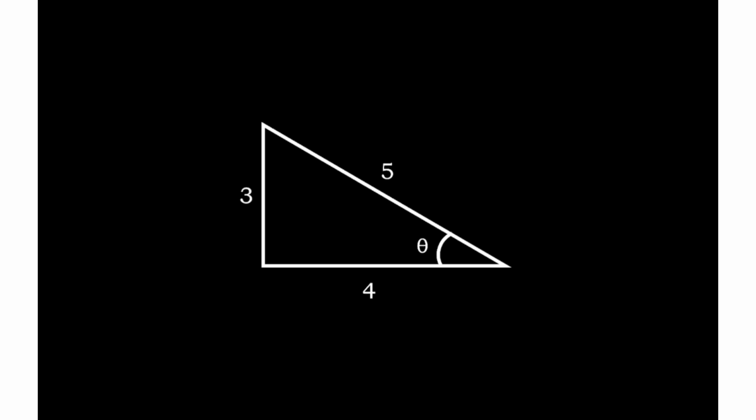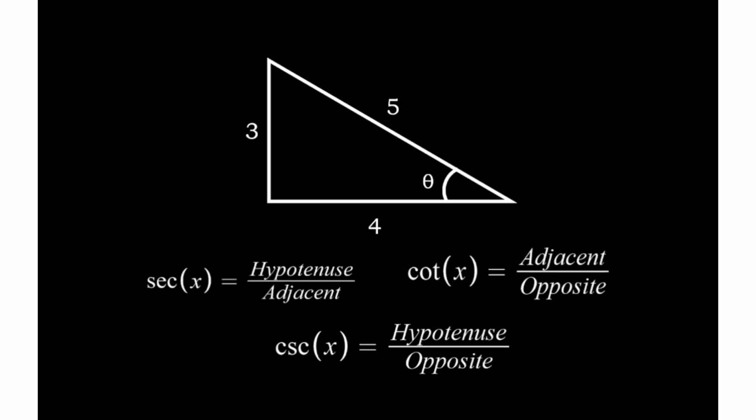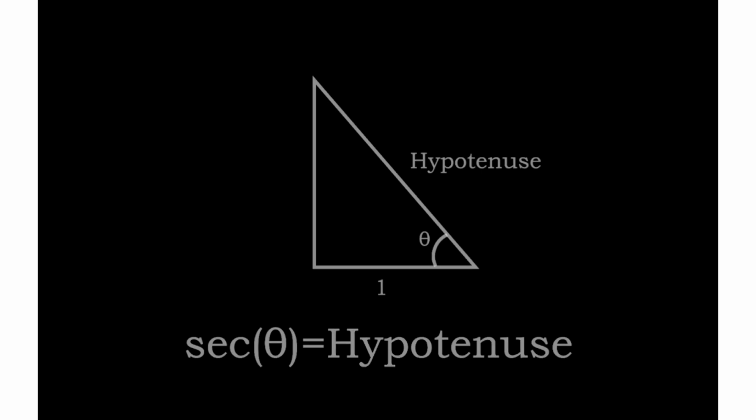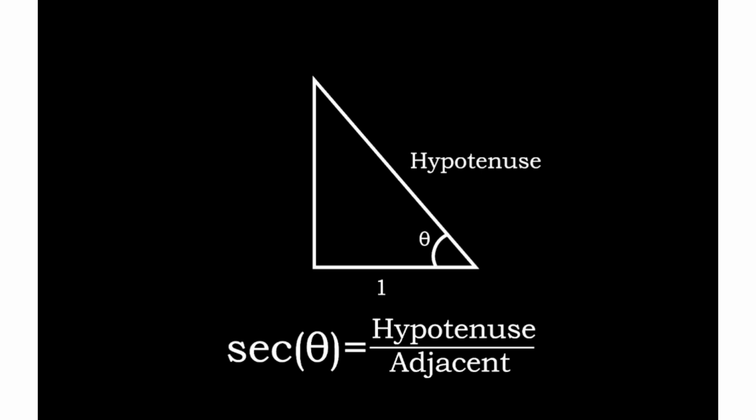Although these functions are quite useful when working with triangles, as they introduce new ratios which can be helpful. Ratios for these functions actually comprise a lot of their use cases. For example, the secant function gives the hypotenuse of a triangle with angle theta when the side adjacent to the angle theta is 1.